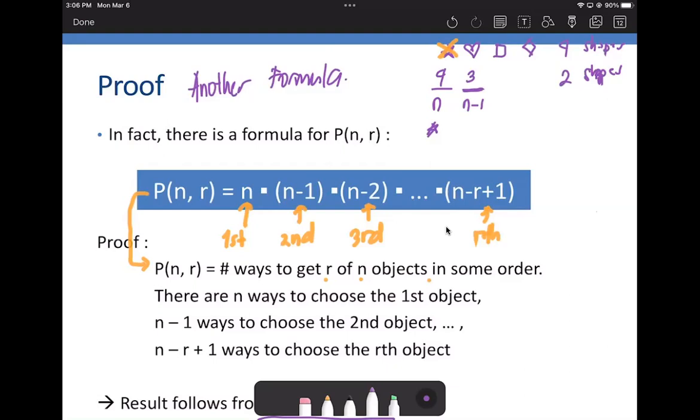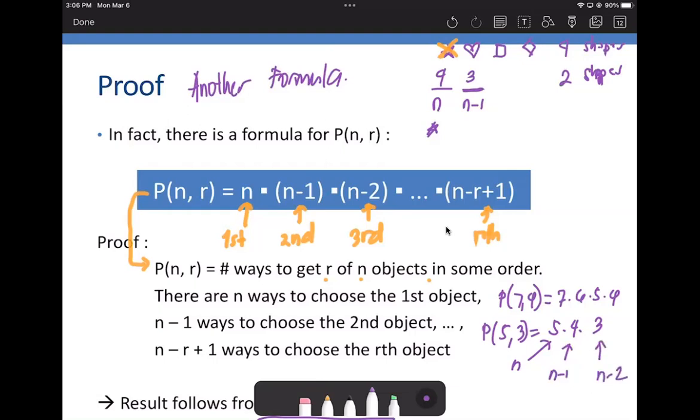So if we have permutation of 7 taken 4, that will be equivalent to 7 times 6 times 5 times 4. Sorry, 4 only. When you say permutation of 5 taken 3, that is equivalent to 5 times 4 times 3, wherein this one refers to n, this is n minus 1, and this is n minus 2.